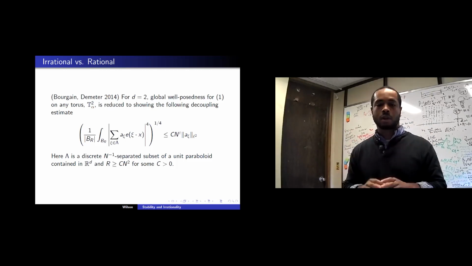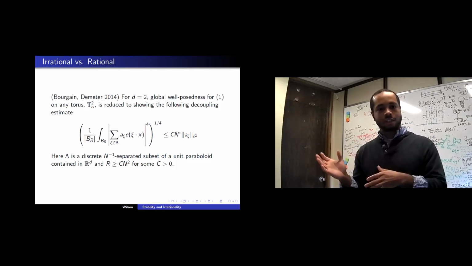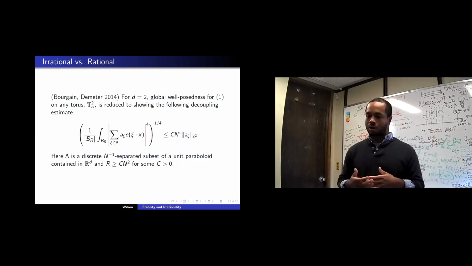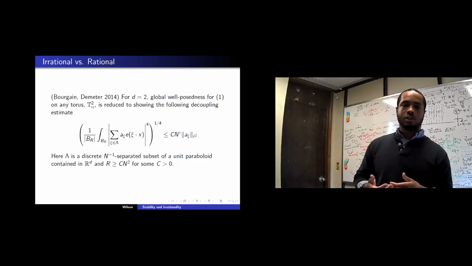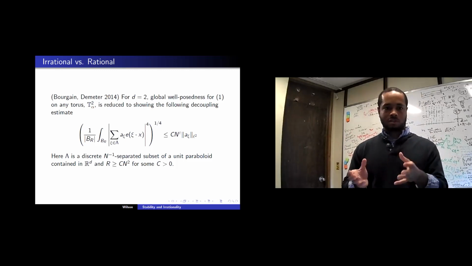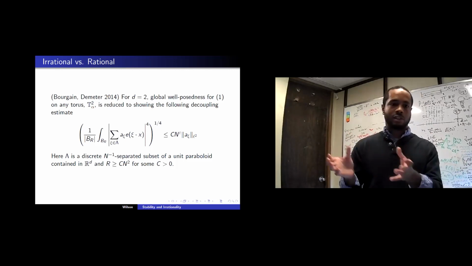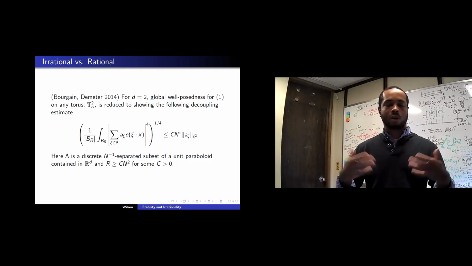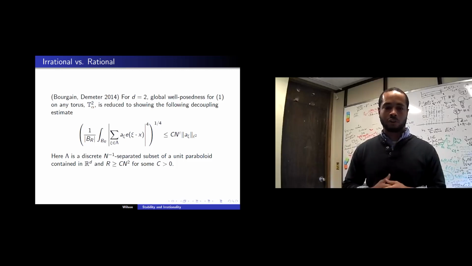Okay, so it took 21 years and much more development in harmonic analysis to demonstrate that this curiosity is merely a curiosity, that it doesn't really matter how you scale your torus, you still have a well-defined flow for your evolution equation.